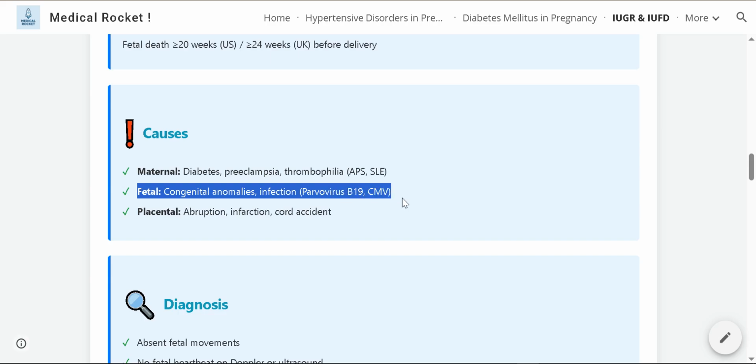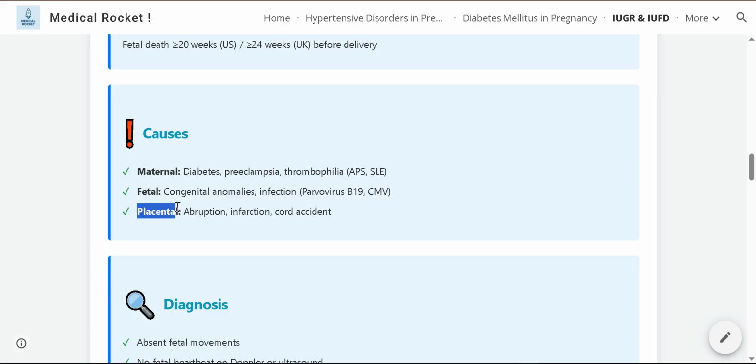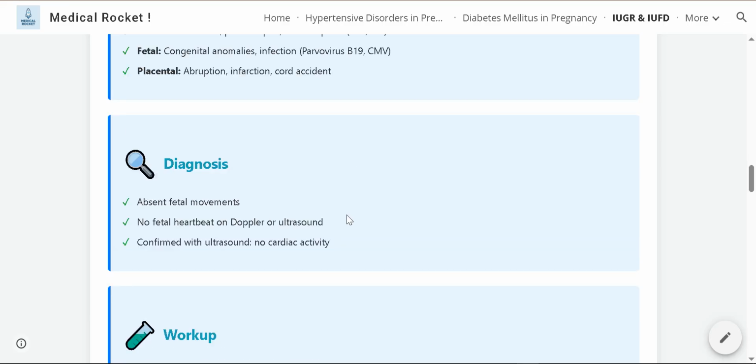Always think TORCH if infection is suspected. Placental causes: placental abruption, infarction or thrombosis, cord accidents, including true knots or prolapse. On exams, the clue is usually sudden loss of fetal movement, followed by absence of fetal heart tones on Doppler.